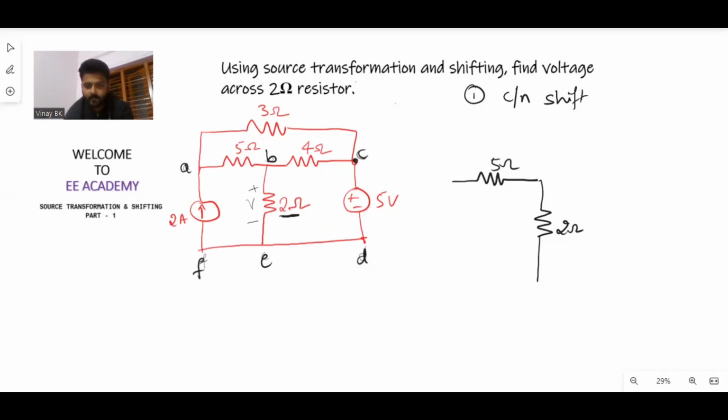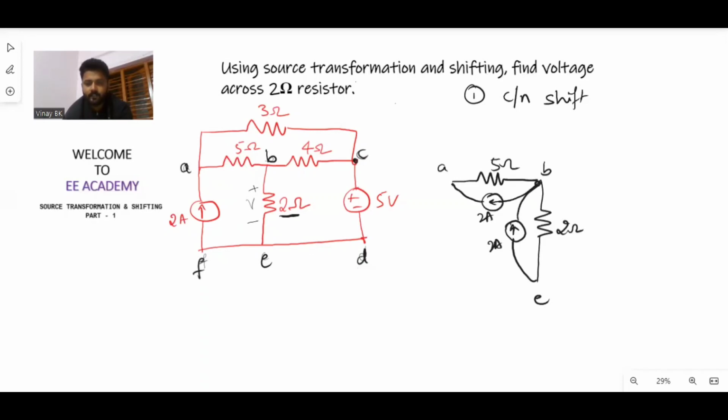I am shifting the current from E to B, then B to A, instead of E, F, A. So the 2 ampere current flows in the upward direction towards B, then the arrow from B to A, the same 2 amperes.